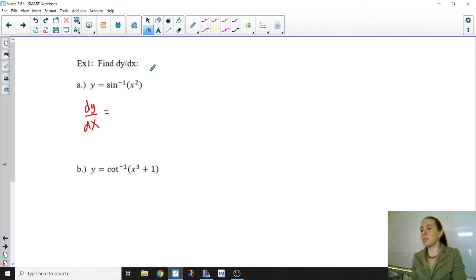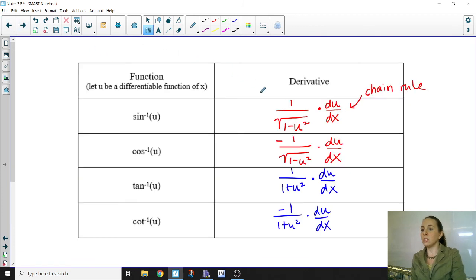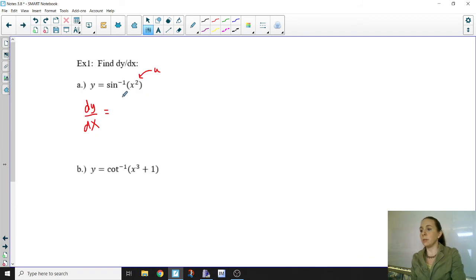Now, for the formulas that you just wrote in the table above, your u is x squared. So wherever I see this u, I'm going to replace it with x squared. So I have 1 over root 1 minus x squared squared.